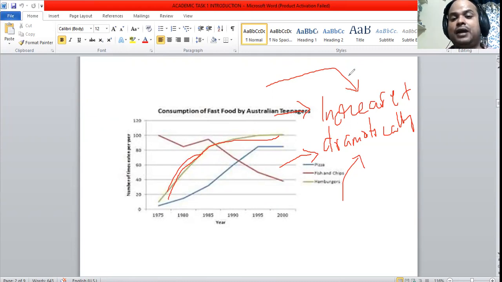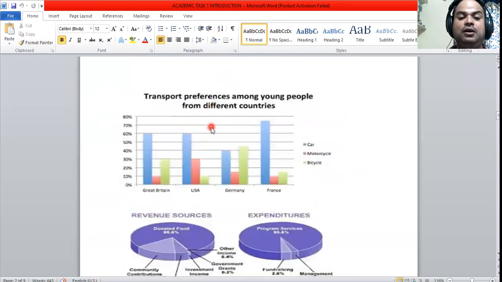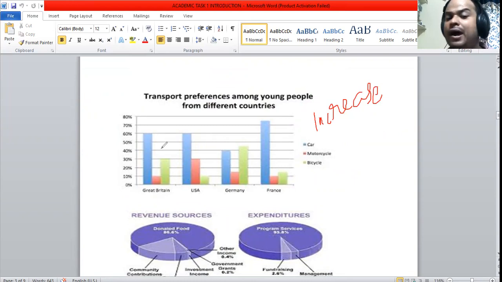Now let's see what happens in static charts. In static charts, we cannot say it is increasing or decreasing. You cannot say there is an increase. Is this increasing? No, it's not. It is the car usage specific data in Great Britain, USA, Germany, and France.